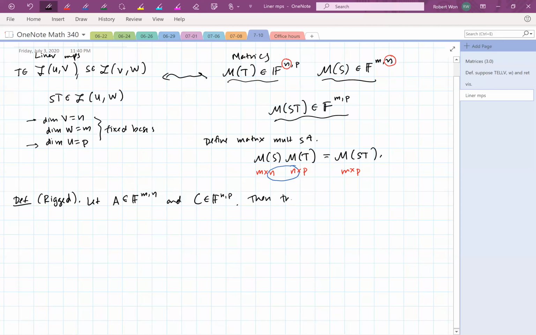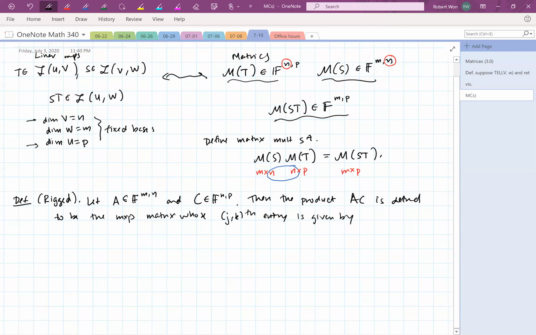Then the product AC is defined to be the m by p matrix whose j,k-th entry is given by the sum from r equals 1 to n of A_{j,r} C_{r,k}.